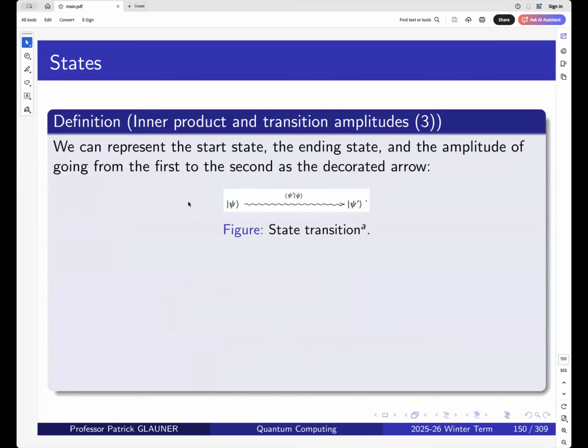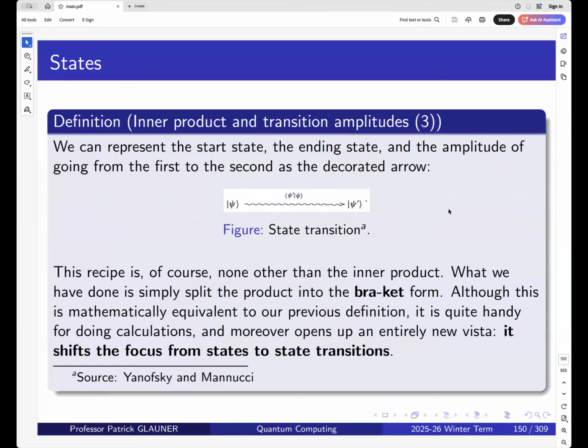To calculate the state transition amplitude from |ψ⟩ to |ψ'⟩, we take the inner product of these two. It can be described fairly easily with this bra-ket notation, and it allows us to shift the focus from states to state transitions.